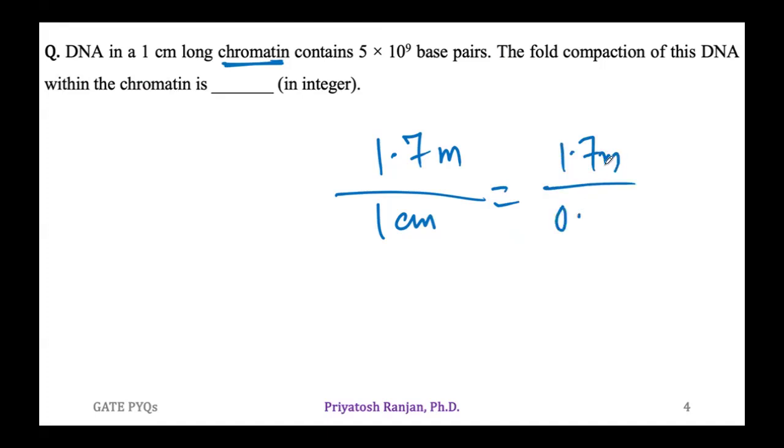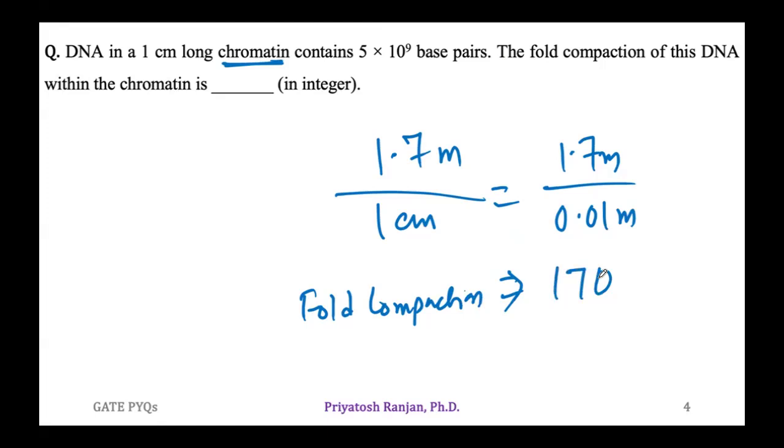We'll keep the unit the same, 1.7 meter divided by 0.01 meter. And the fold compaction we are going to get is 170. Now, we need to get the concept right here: this much fold compaction is taking place, which is a big number.